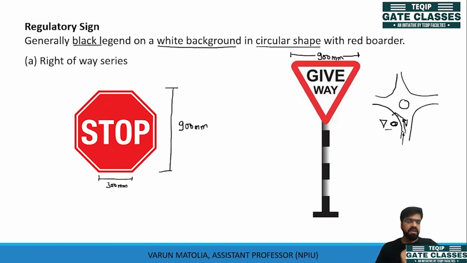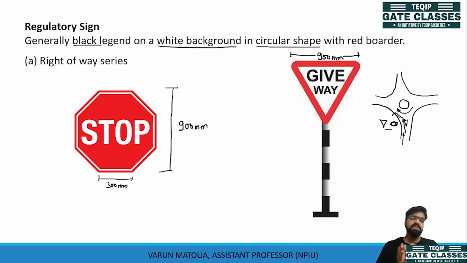When the traffic is coming into the intersection, he will look at the give way sign. He will understand that he should allow the traffic which is moving inside this rotary, inside this circle. If there are not many vehicles moving, if it is safe, then he can enter into the rotary.